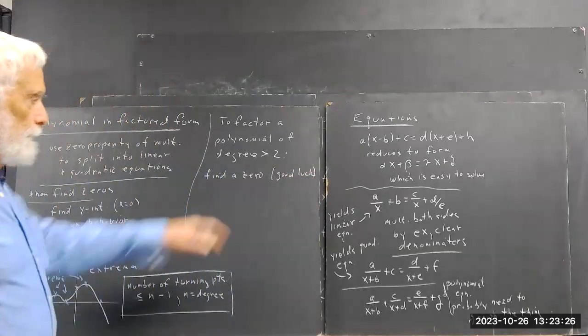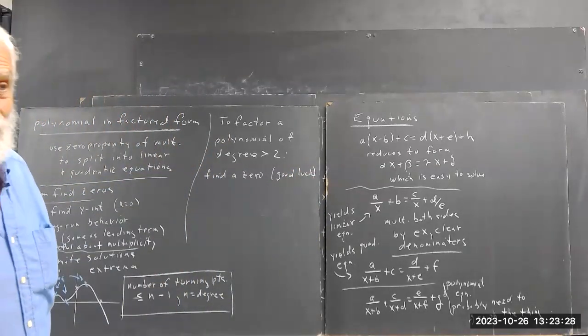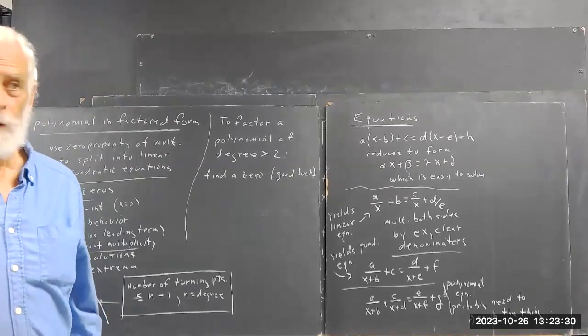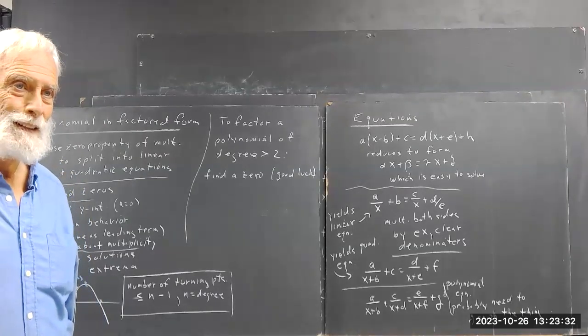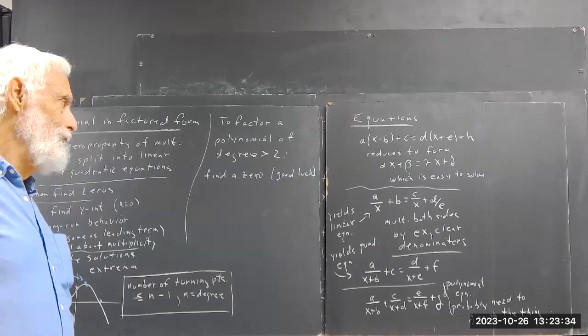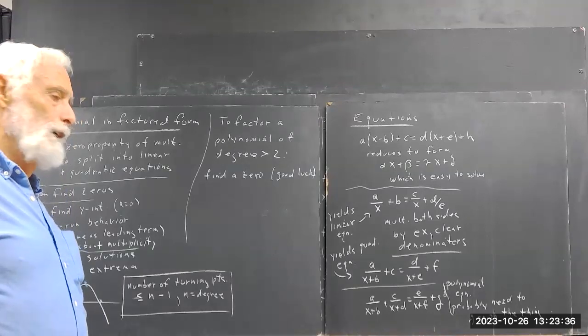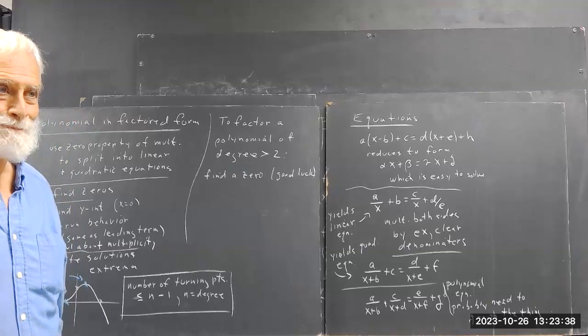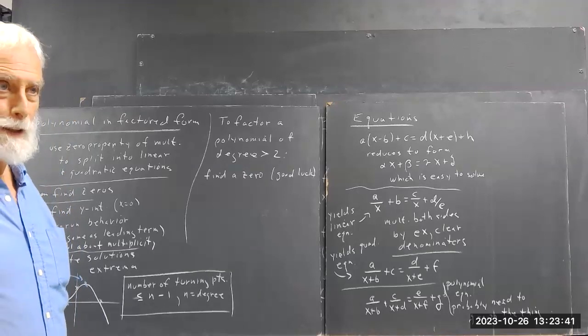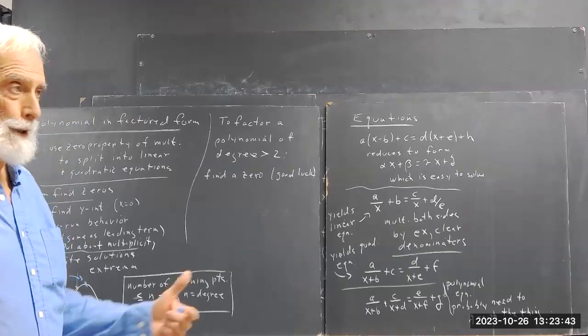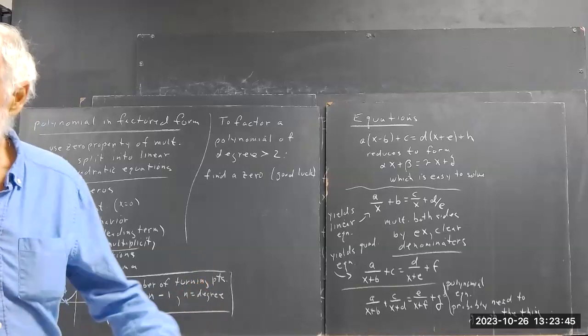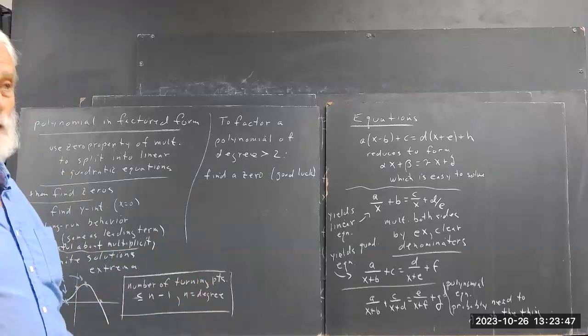Find a 0. I say good luck with that. Because if it's a real world polynomial, there's almost zero chance you're going to be able to find a 0, except by graphing it and estimating and bypassing anything but what a machine will tell you. Okay.